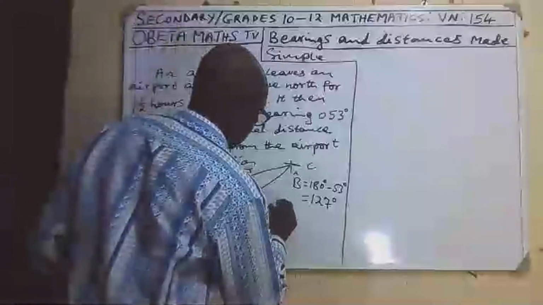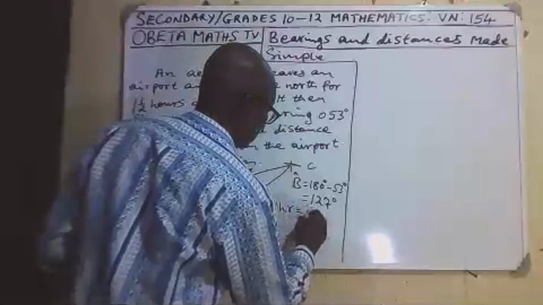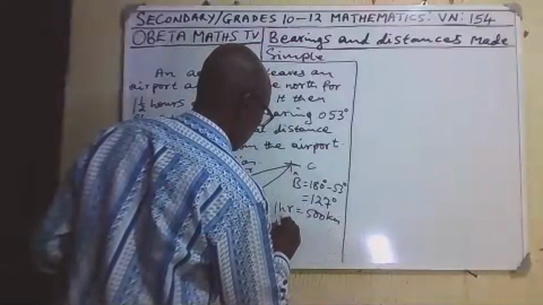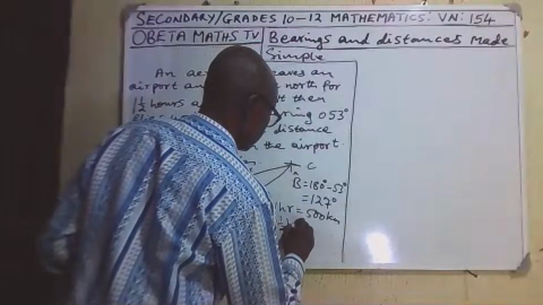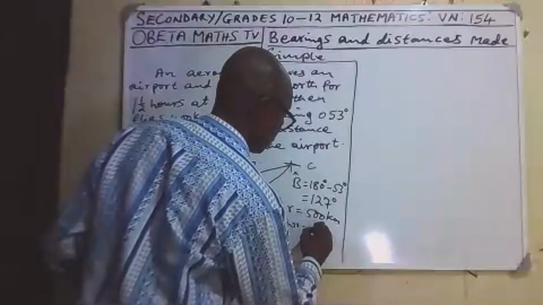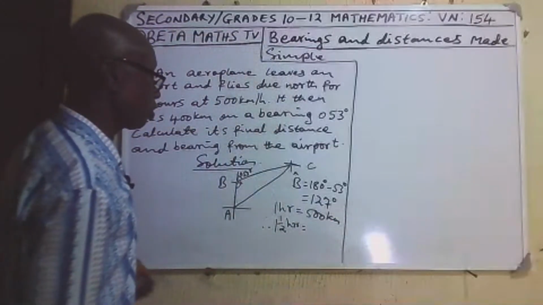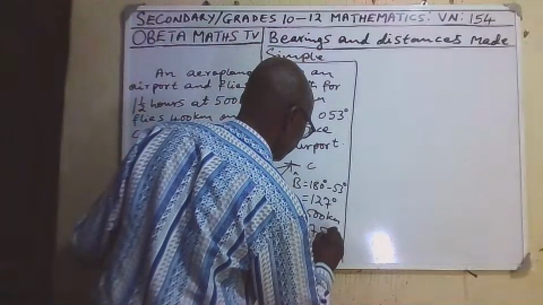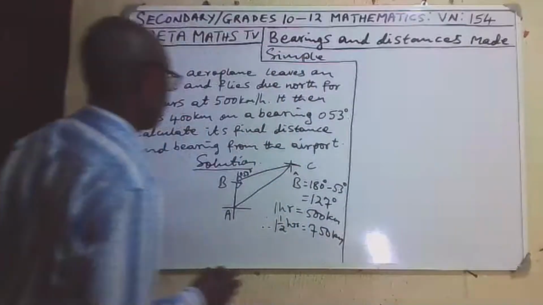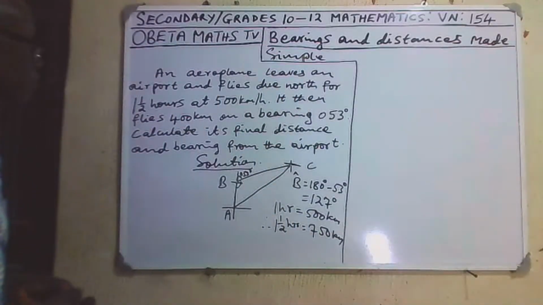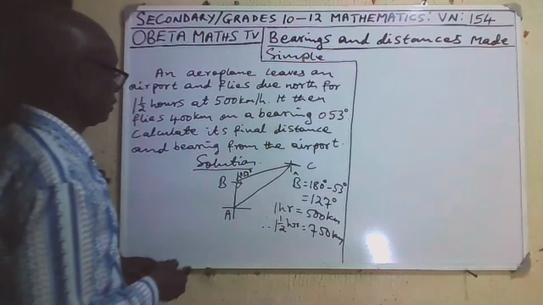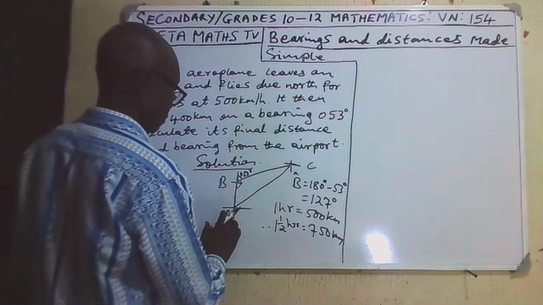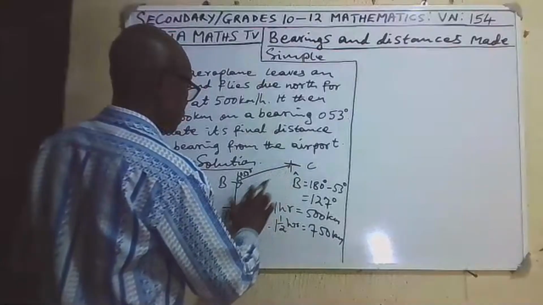So, if 1 hour is 500 kilometers, therefore 1.5 hours should be equal to 500 plus 250, that's half of this, equal to 750 kilometers. So let's come down a bit.